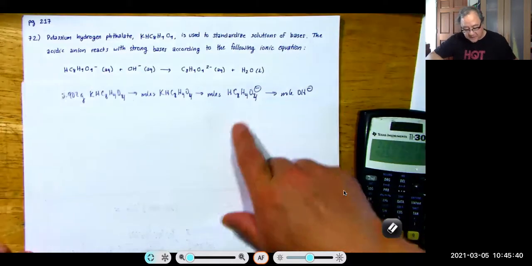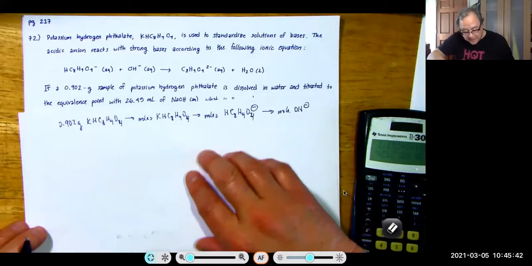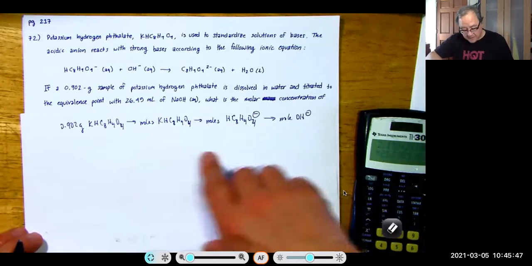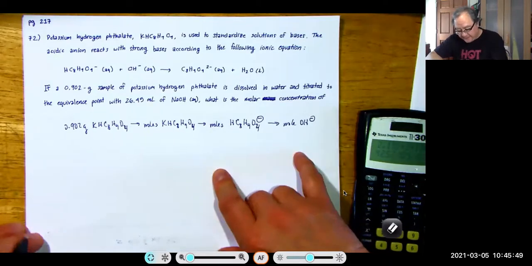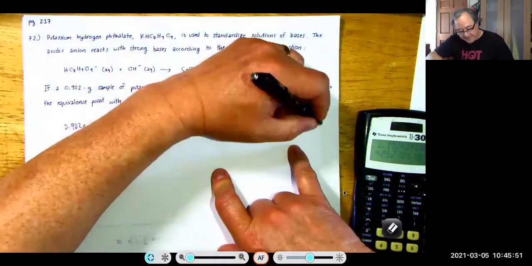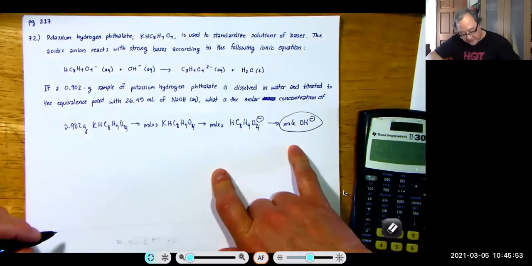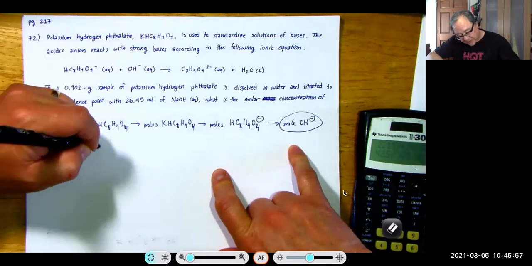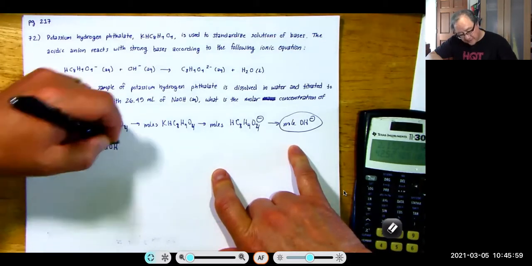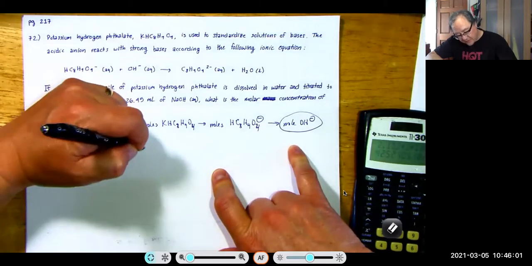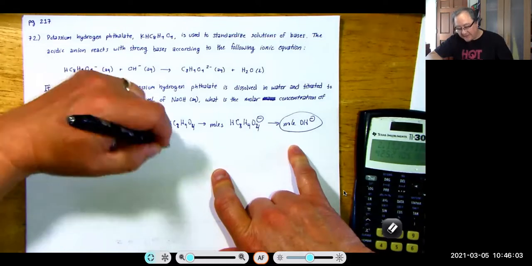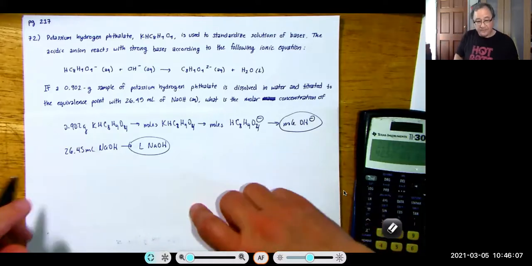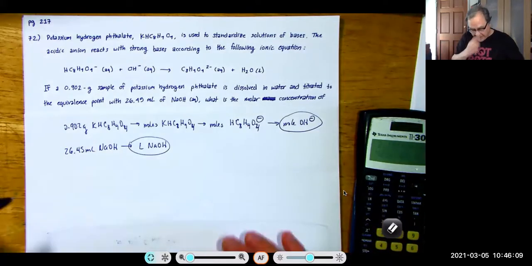And then here with the molarity, with the milliliters of this, well, I will say this is one of the things I'm going to need. And then I'm going to take the 26.45 milliliters of sodium hydroxide and turn that into liters of sodium hydroxide. That way I can take this number and divide them to get the molarity. So let's see how that works.